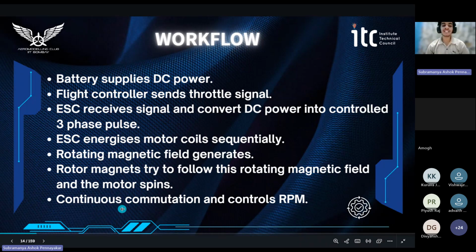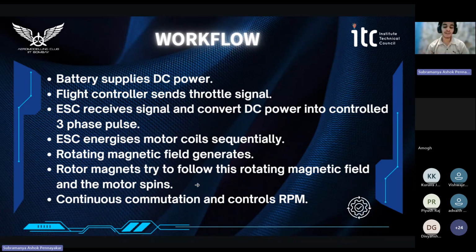If the ESC energizes only one set of motor coils, after some time the rotor aligns with that magnetic field and stops spinning. So to keep it spinning, the ESC energizes the motor coils sequentially and repeats this sequence so that the rotating magnetic field keeps continuously rotating.